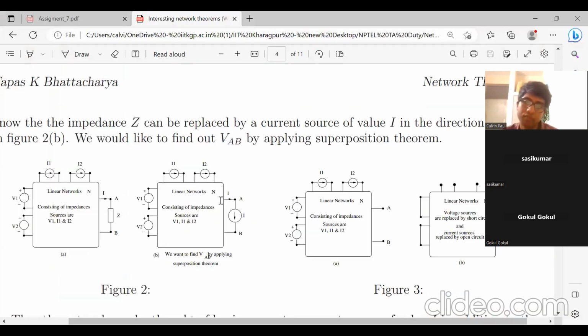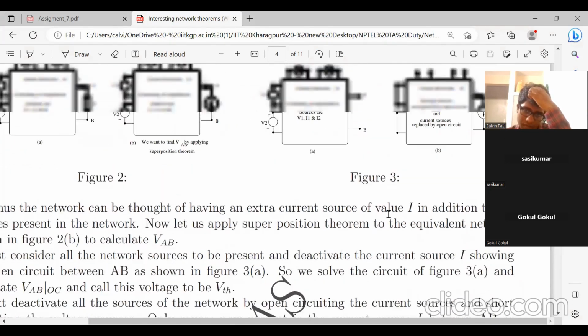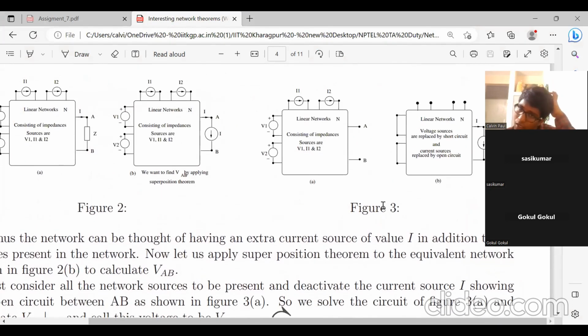So first they have open circuited this current source and found the voltage VAB. Then what do they do? They short these.